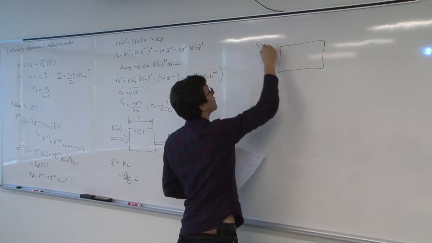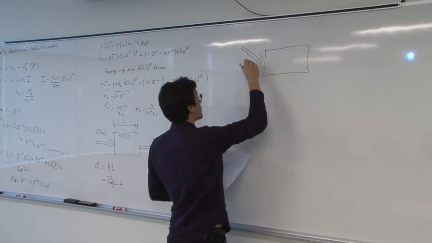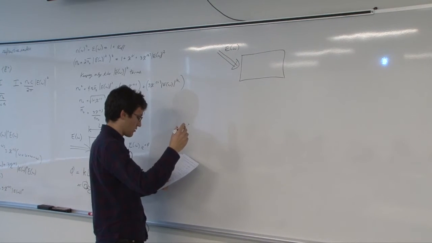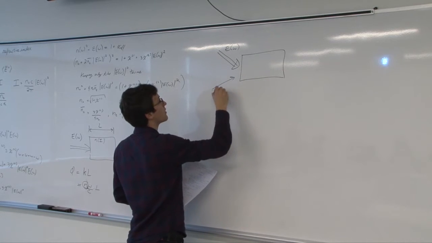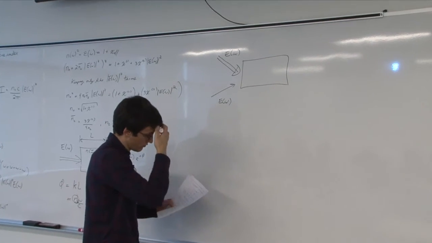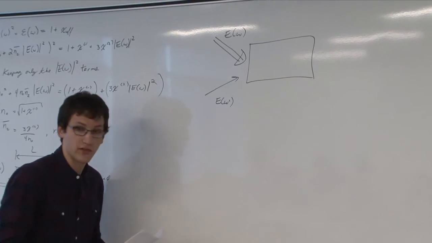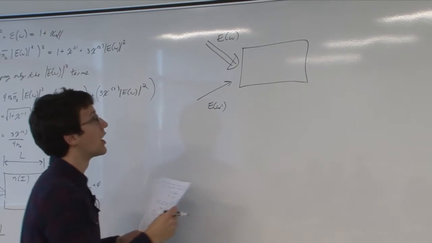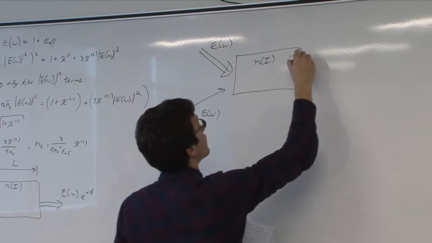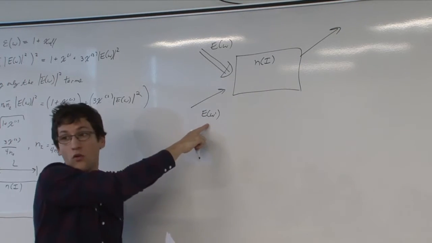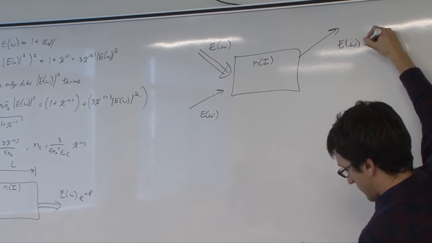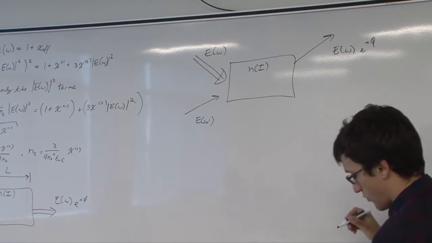You have a strong beam that I will call E, it's E of omega, and I have a weak beam that has a slightly different frequency, for reasons that relate to the nonlinear polarization, and you have this intensity-dependent refractive index. So what you have at the output is a phase shift for the weak wave. This phase shift is expressed in the same manner as expressed beforehand.